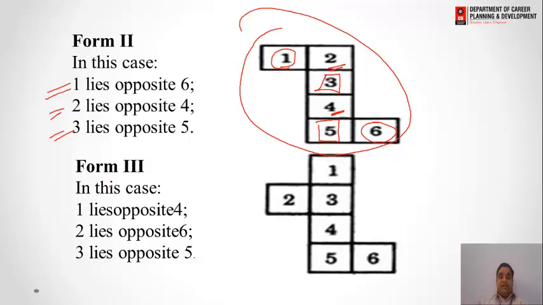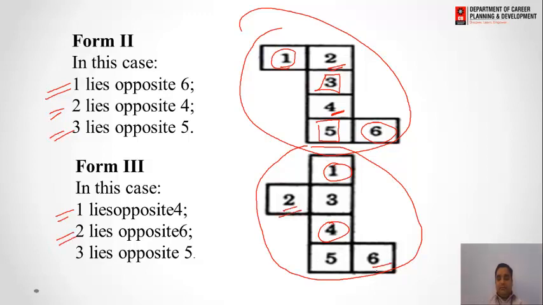Whereas by the third form, if we cut a sheet like this, we can form a cube in which 1 lies opposite to 4, 2 lies opposite to 6, and 3 lies opposite to 5.